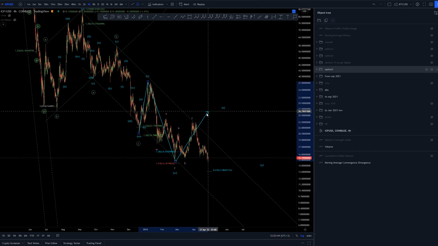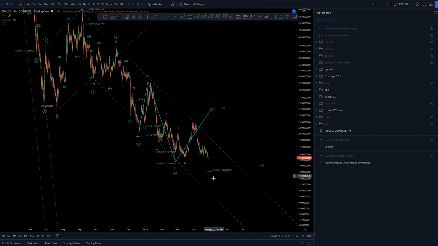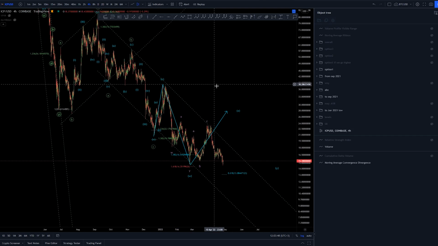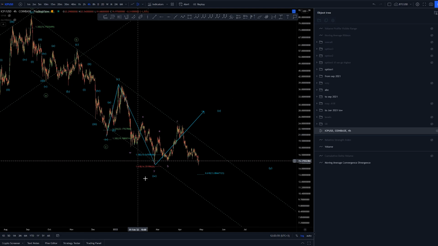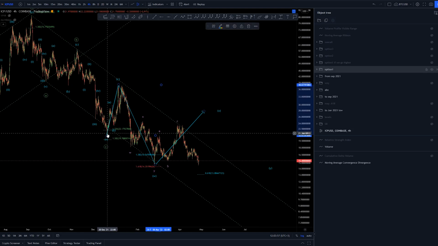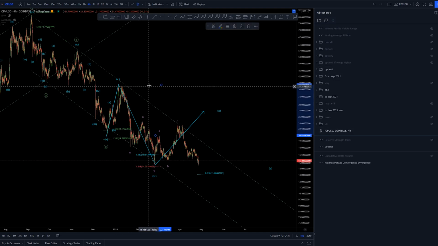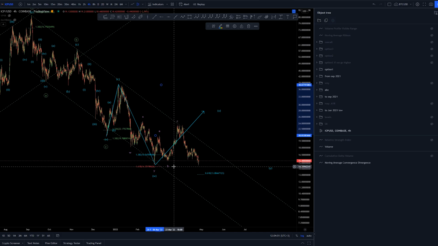So on the small time frame we would be looking for an X wave. How this is even possible is because the first leg or the second leg does not go past the 1.618 retracement of this first move. Now if it does even create a lower low than we currently have, I would be looking at something different than this count.